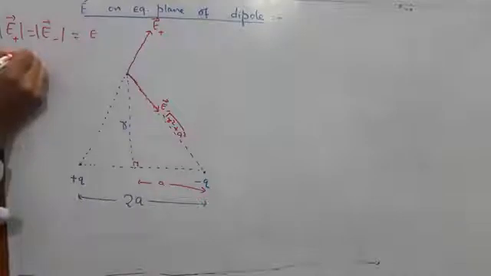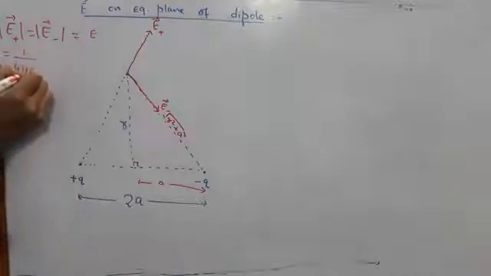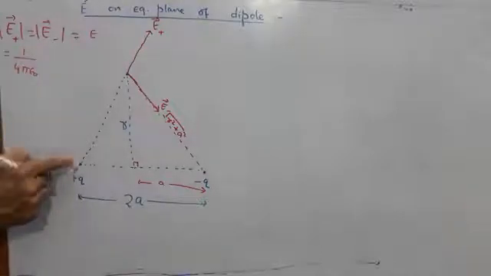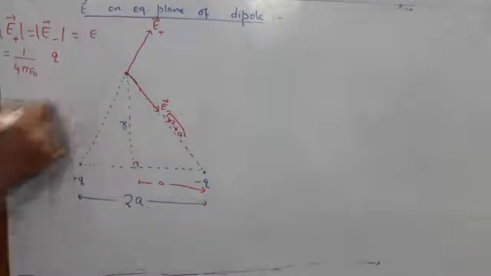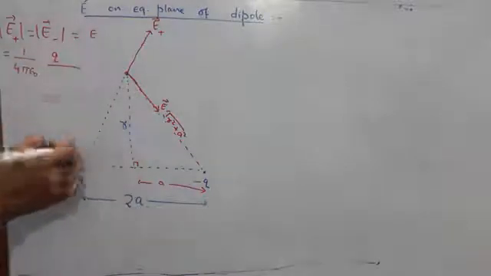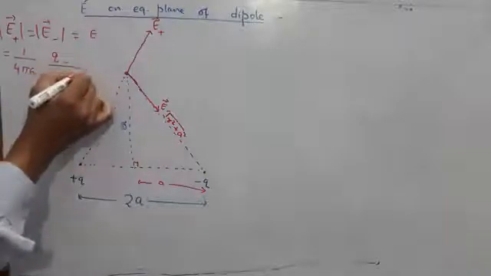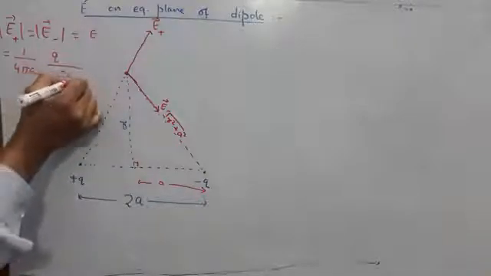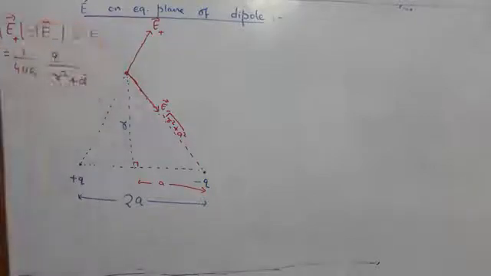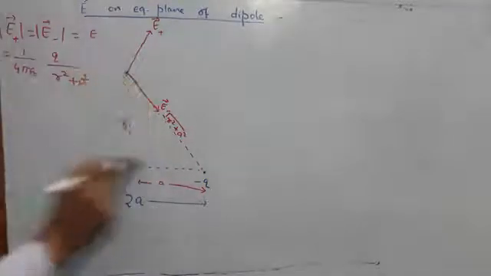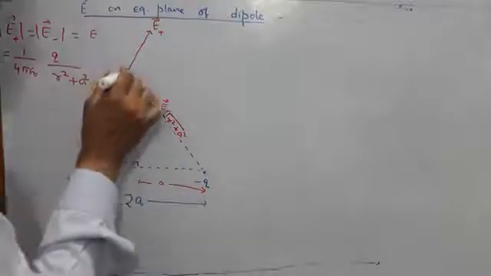And its value will be how much? 1 upon 4 pi epsilon naught charge Q by, at this point we are finding electric field. So what is this distance? Root under R square plus A square. That distance is squared, so we will get R square plus A square. This I will denote by E. Now to find the resultant of these two vectors, what we will do, we will choose a line parallel to the base of the dipole as x-axis.